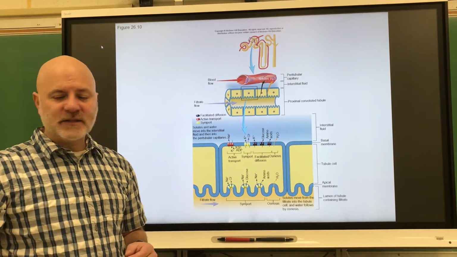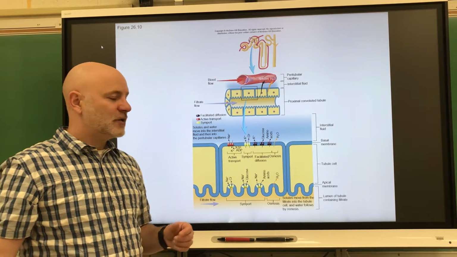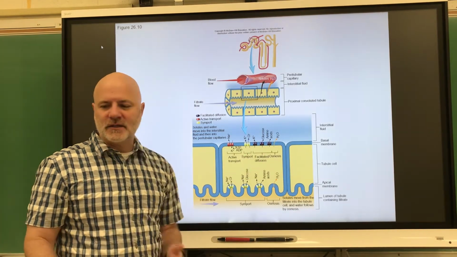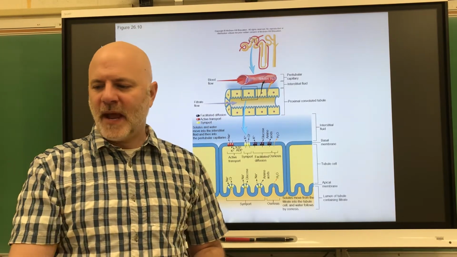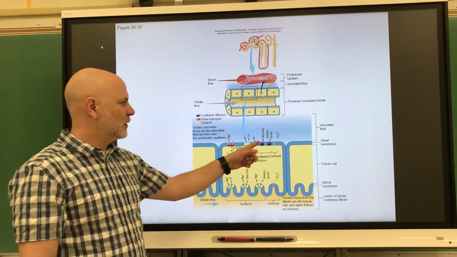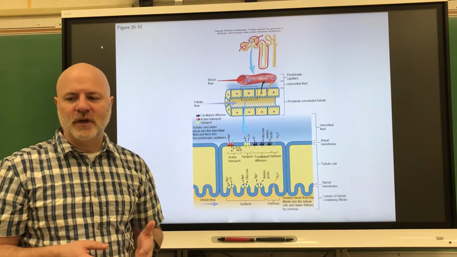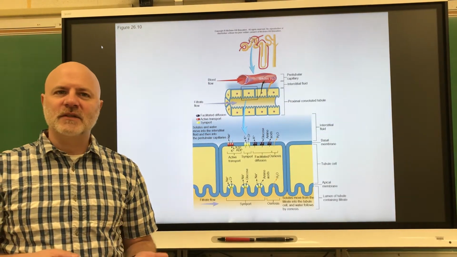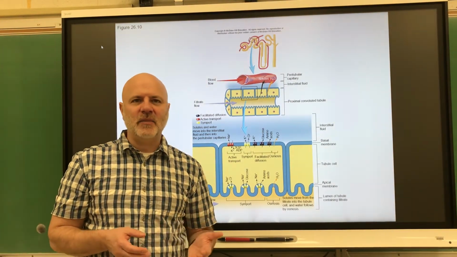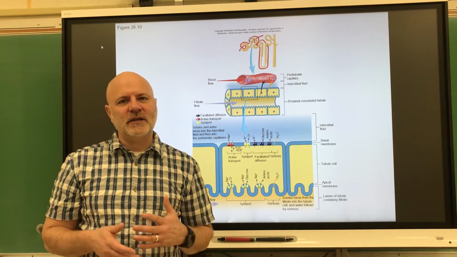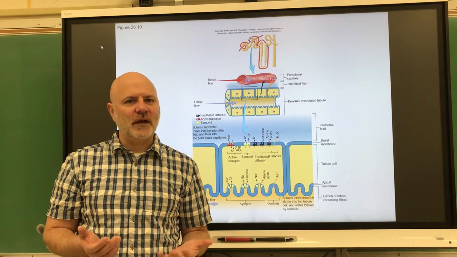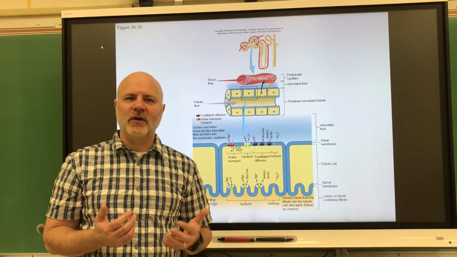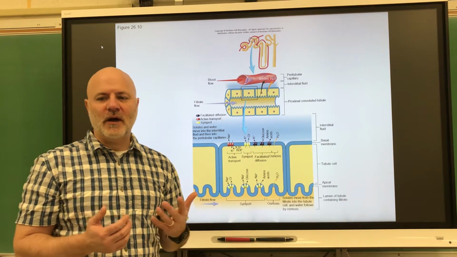All right, let's take a look at specific substances. First are amino acids. All amino acids are reabsorbed, put back into our blood. Next is glucose. All glucose is reabsorbed. The exception is when somebody has diabetes mellitus. In diabetes mellitus, you have a very high level of glucose in your blood, which means a very high level of glucose in your filtrate.